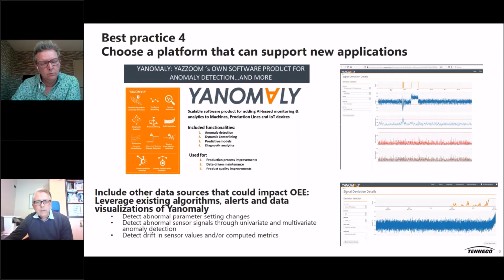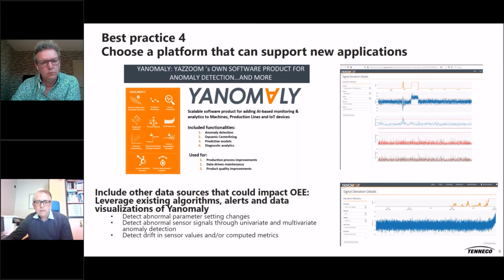In addition to these algorithms, the message that we wanted to pass on is that when such anomalies are detected, it's important that you make it as easy as possible for the people that need to investigate to go from, hey, there's an anomaly, to the decision of what is really going on and what should I do?